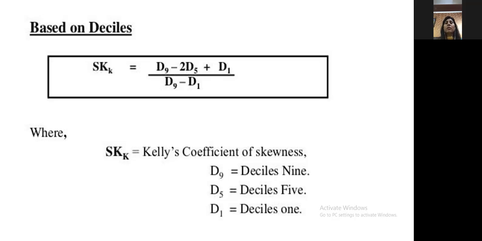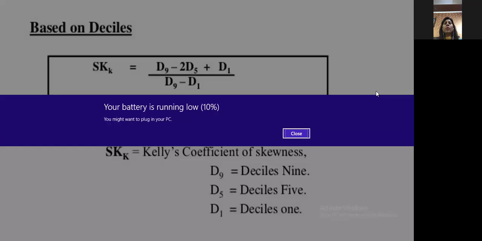So as the first condition of the absolute measure, the data distribution may be symmetrical, asymmetrical, or skewed. So we can say that the distribution is based on the skewness of the relative measures and the absolute measures.